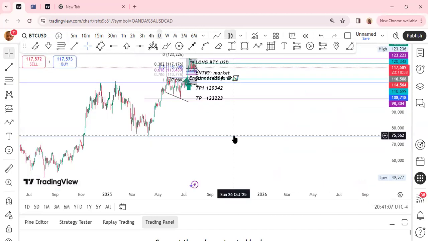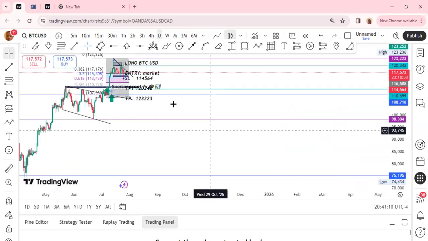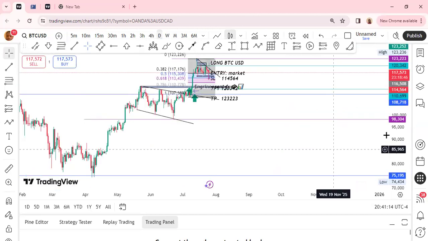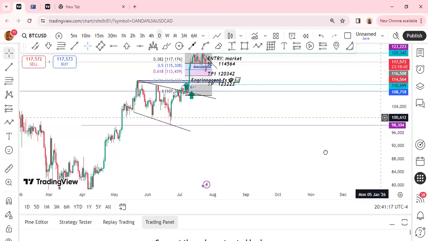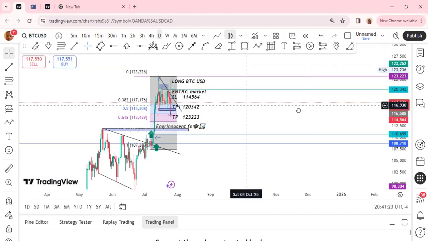After seeing this break, I saw BTC break to the downside. It happened, I think, on Thursday night.